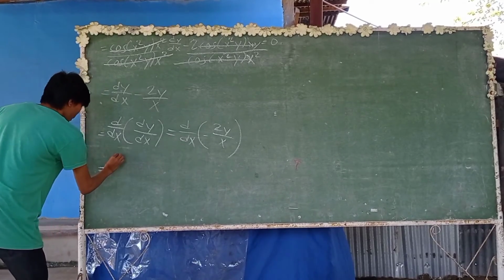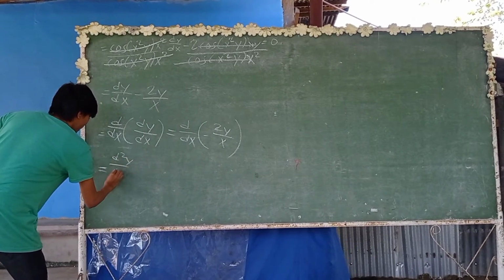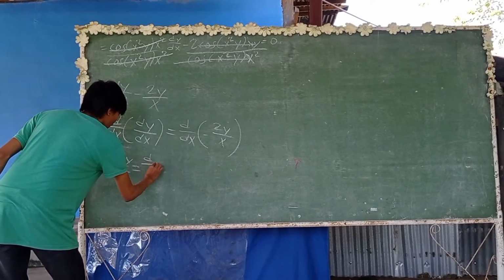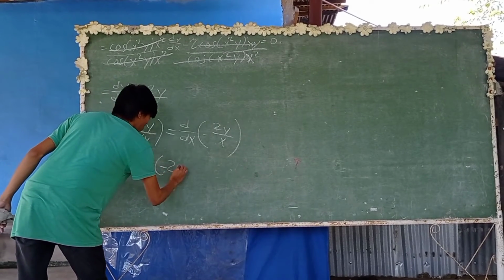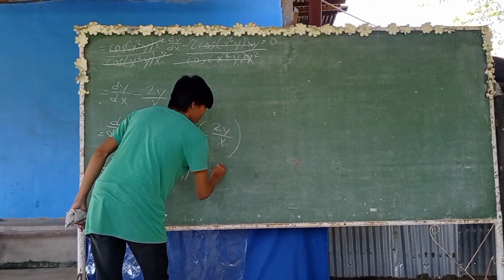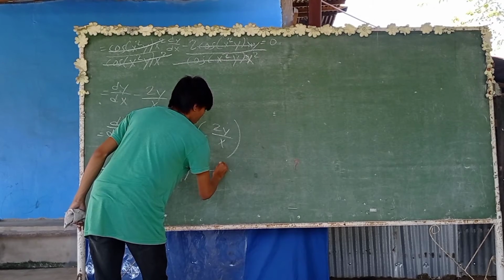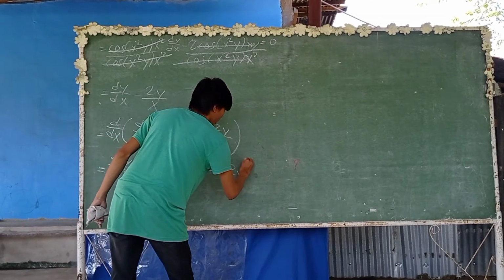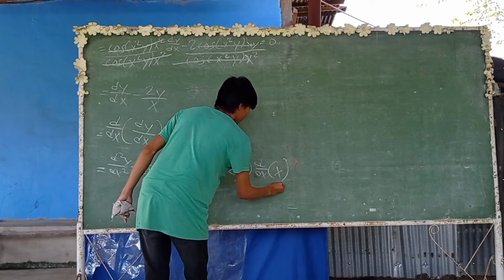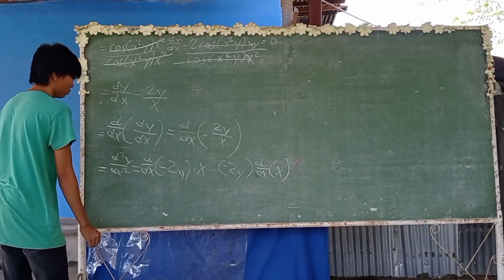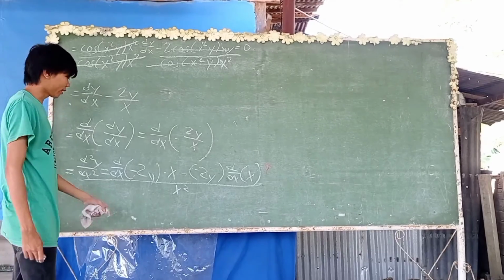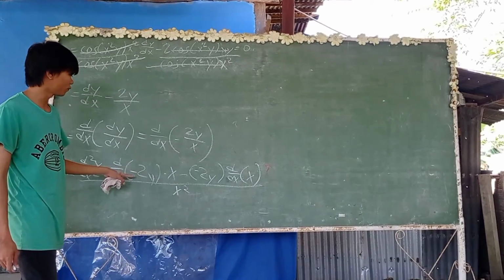d squared y over dx squared equals d over dx of negative 2y times x, minus negative 2y times d over dx of x, over x squared. Next process, to get the derivative of negative 2y, we use the chain rule.